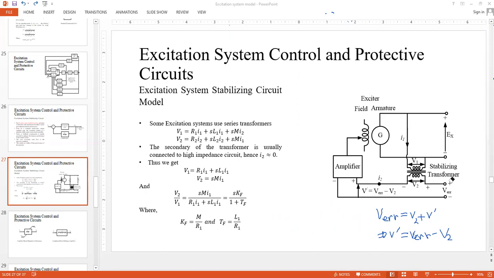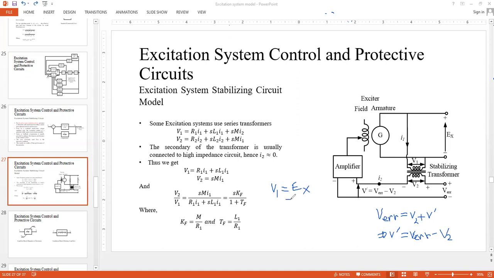We are feeding some input which is DC to the primary of a transformer. What would be the output? Let's say V1 is EX. EX is of course a certain non-zero value, because that is being fed to your synchronous machine field circuit.